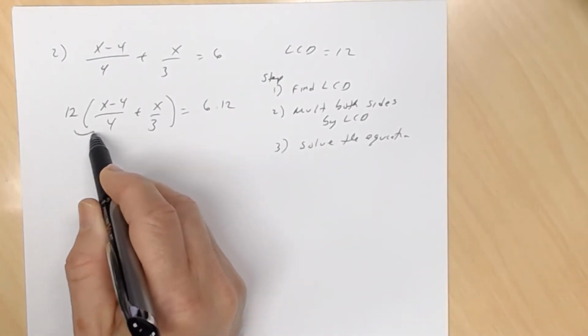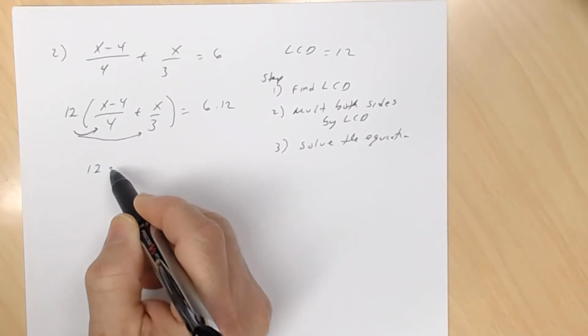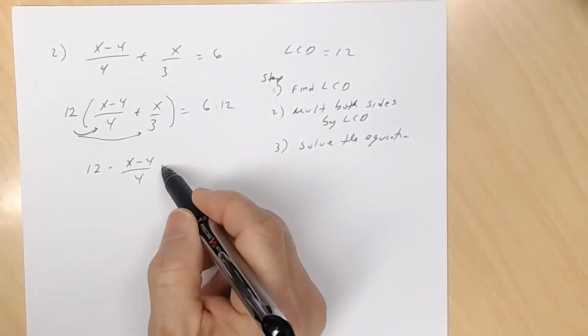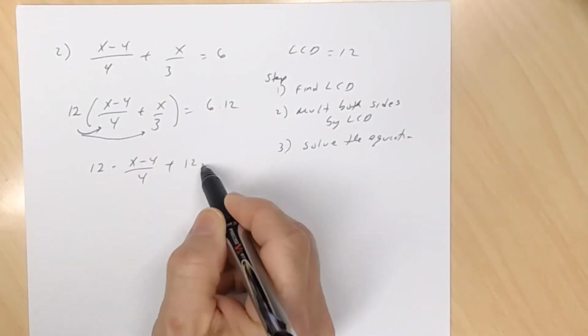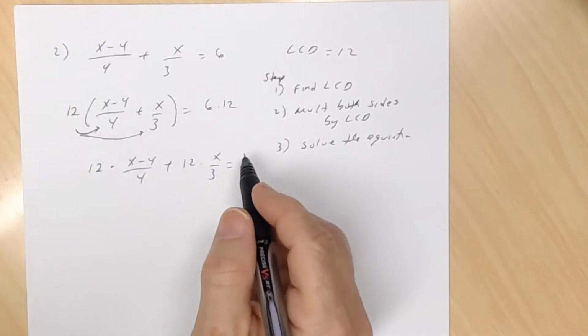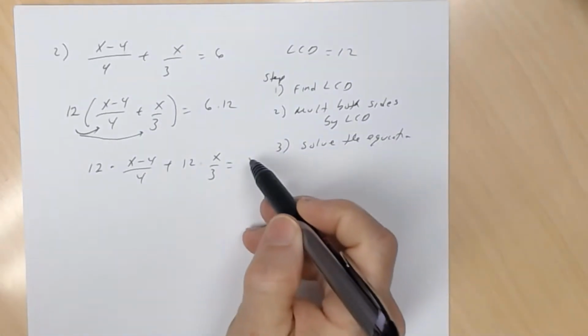That's your next step, distribute. So I get 12 times (x minus 4) divided by 4 plus 12 times x divided by 3 equals, and then 6 times 12. Let's figure out what that is. 6 times 12 is 72.